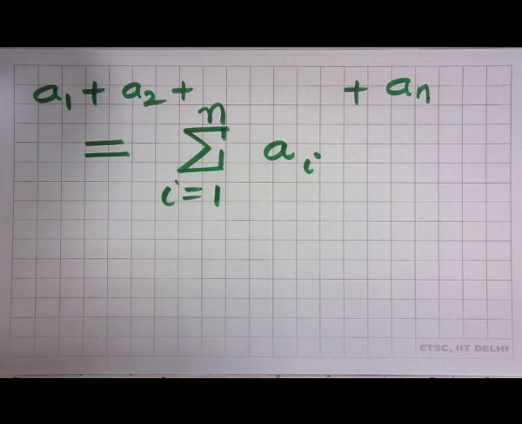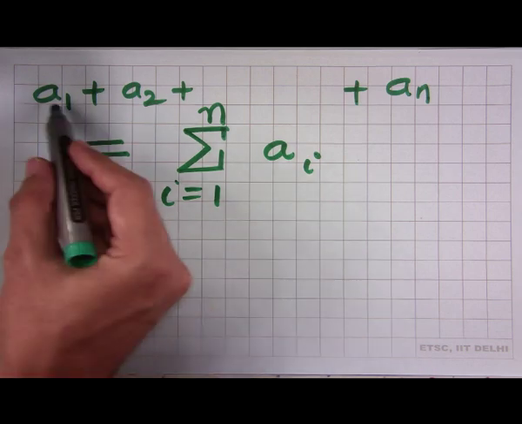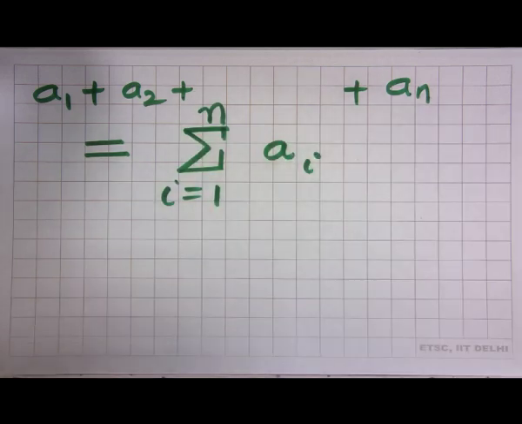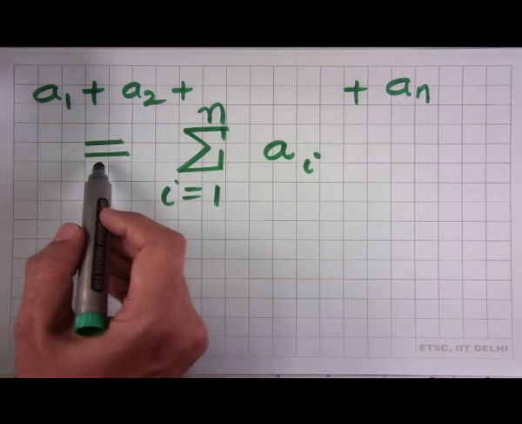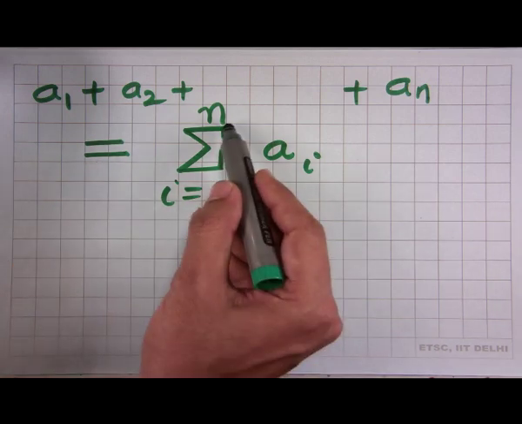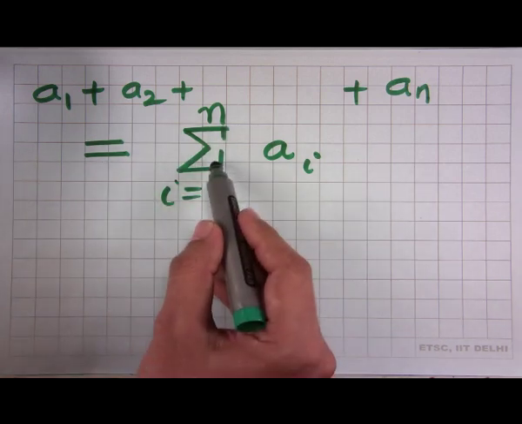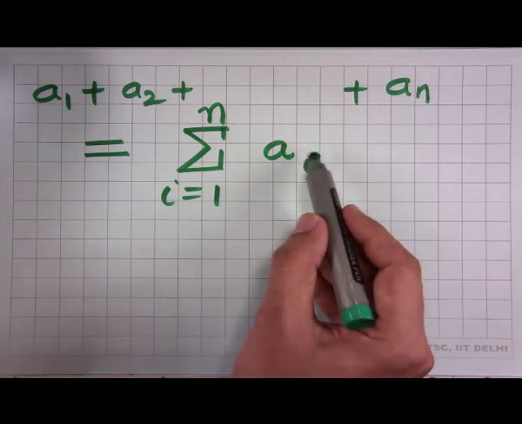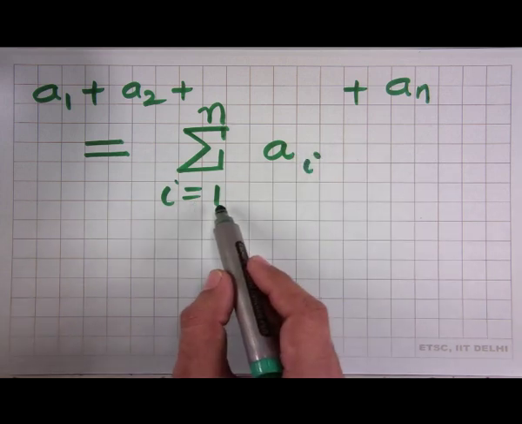Instead of writing the expanded form a1 plus a2 plus etc. plus an, we can represent it using summation or sigma ai, i equal to 1 to n.